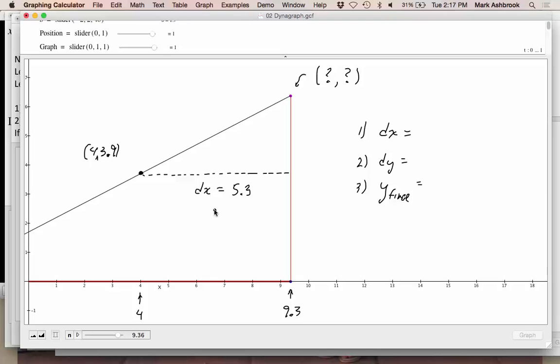Where'd that come from? Okay, so what do we want next? We need the corresponding change in y, and this is easy because we have constant rate of change. How do we find dy? The additional amount your friend paints is always half of what you paint. Is that 2.65? So dy, we get that from m dx, and that is 2.65.